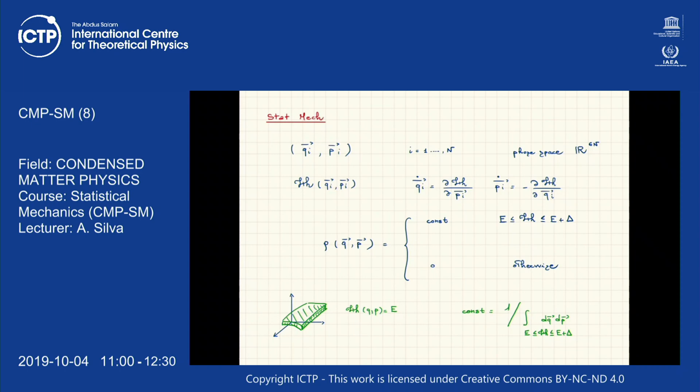Clear? If I integrate this function with this normalization, I will get 1. So it's a probability distribution. Is it clear to everybody? So that's the reason why I give it a thickness.